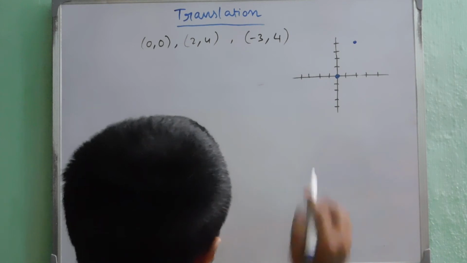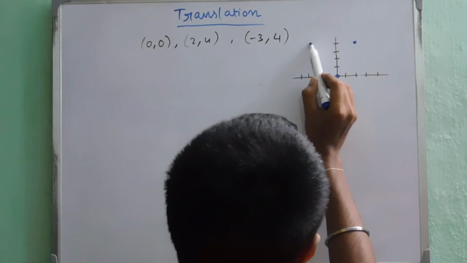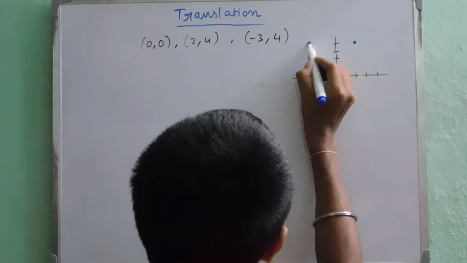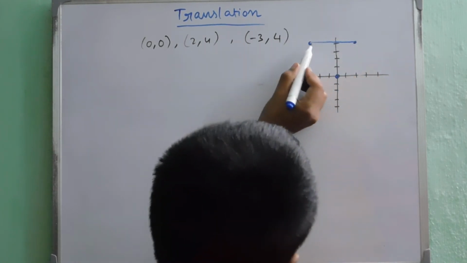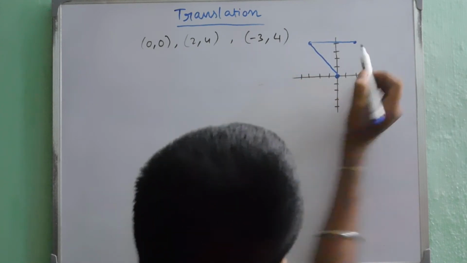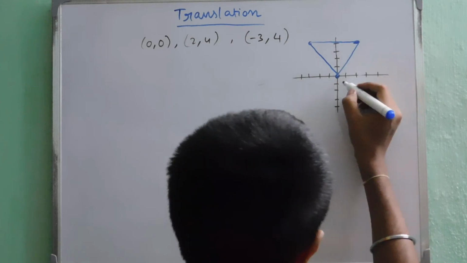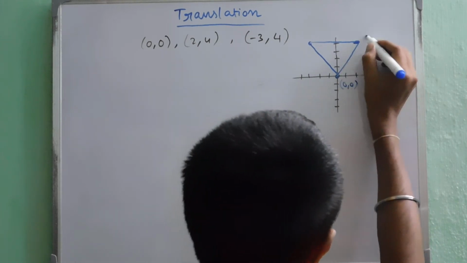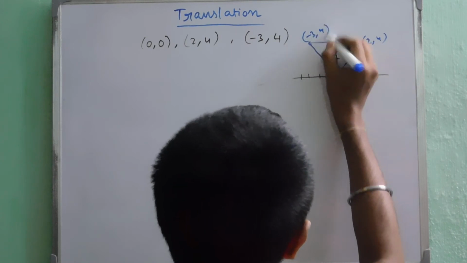And last one is minus 3, 4, so that means almost here. So let's join the coordinates. So this is our triangle 0, 0, 2, 4 and minus 3, 4.